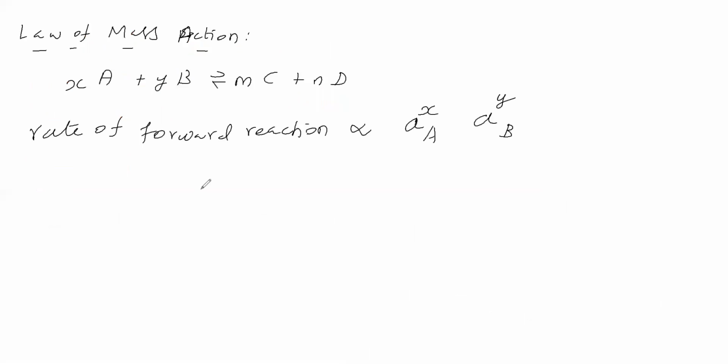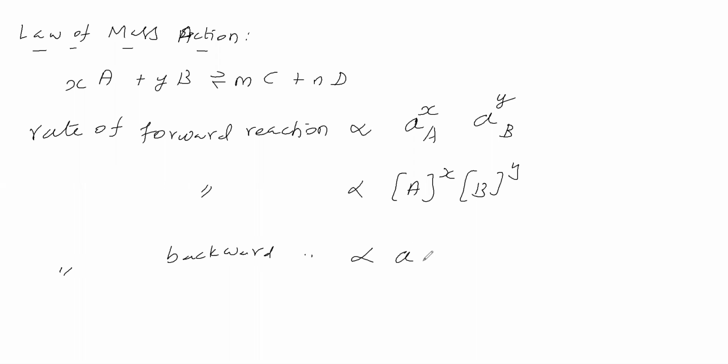So, rate of forward reaction is directly proportional to molarity of A power X, molarity of B power Y. Okay. Then, rate of backward reaction. Rate of backward reaction is directly proportional to active mass of C power M, active mass of D power N. So for backward reaction depend on which active mass?